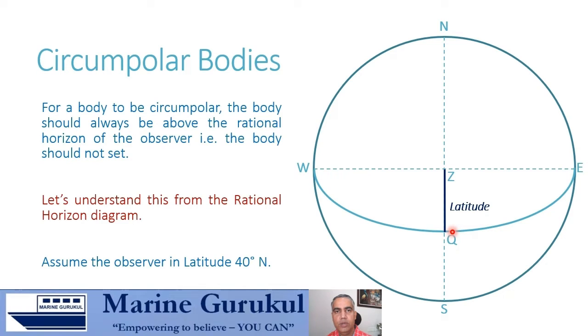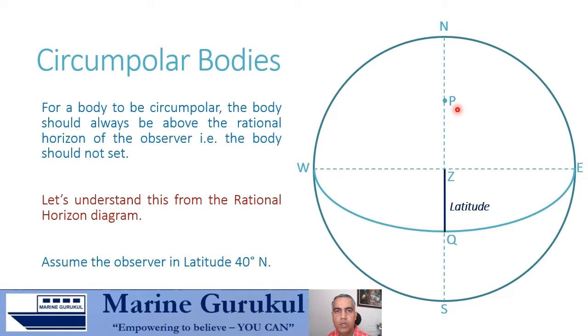In this case, the observer is in the north hemisphere, so the north celestial pole will be the elevated pole or the visible pole, and it will be 90° away from the equinoctial. So 90° north of the Q point, this is where the pole would lie. Let's mark this point as P, representing the north celestial pole.